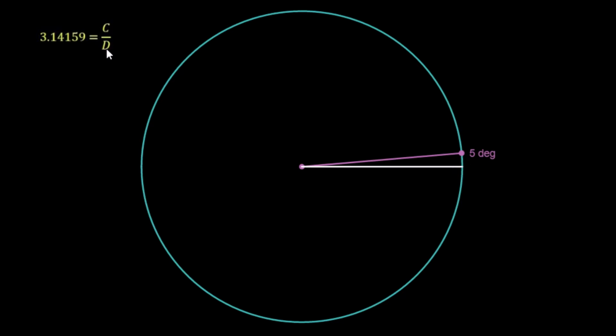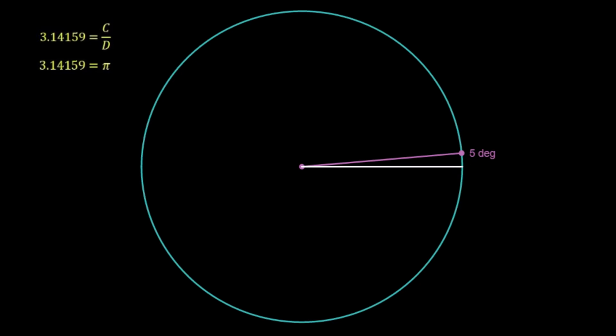For example, if we measured the circumference of the moon and divided it by its diameter, we would get this number. If we took the circumference of a snooker ball and divided it by the diameter, we would get this number.